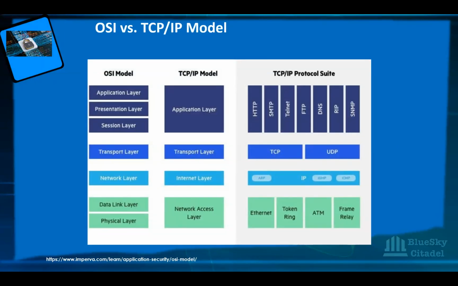The OSI model provides a structured way of understanding the complexities of the network. However, in recent times, the modern internet is not based on OSI, but on a simpler TCP/IP model.